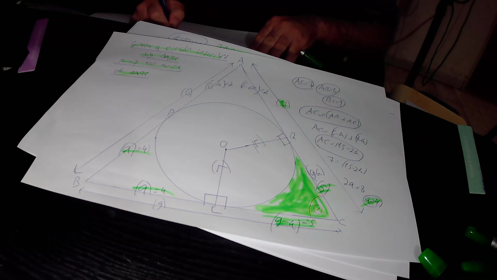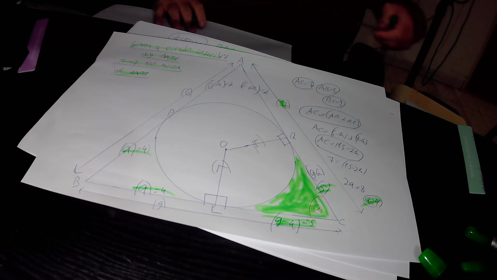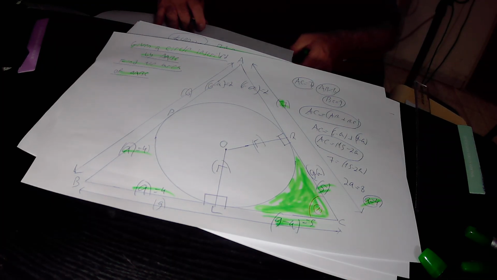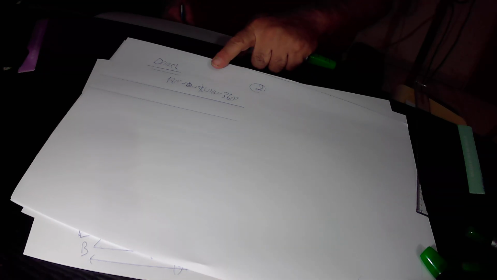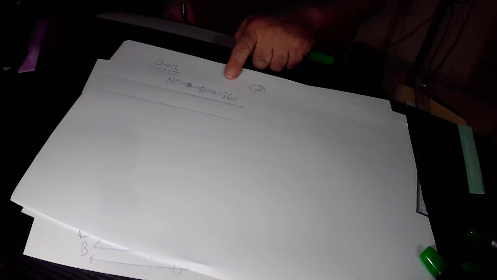Repeat again, I should find out that 180 degrees plus theta plus the missing angle LOQ equals 360 degrees. Here we subtract 180 degrees from the equation.